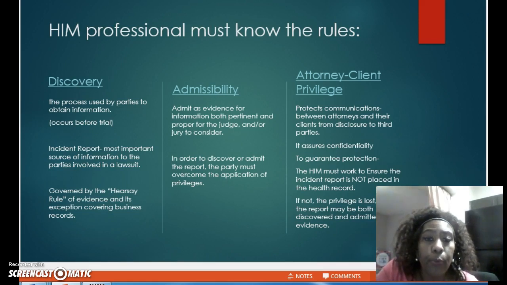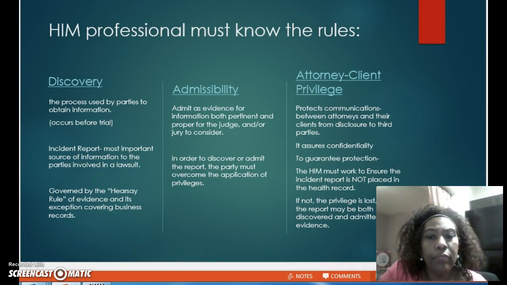So that's why it's very important to guard the incident report, to keep it separate and out of the actual record, to make sure it's not included in the health record. So that's basically it, and I hope you've learned something in regards to the incident report as far as risk management is concerned.